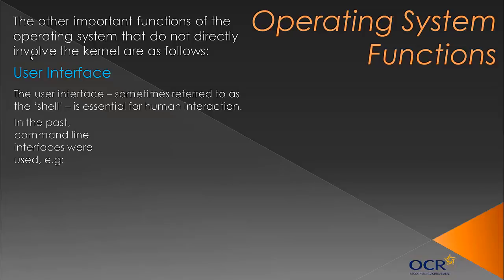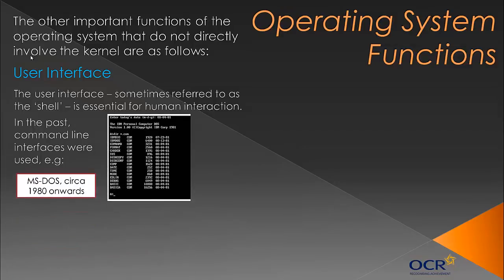And a user interface can be as simple as a command line, which was used in the past. So this is a picture of a command line. Often when you start your computer off, you'll get some command line prompts. You can also use CMD, which is a command line tool, to give certain instructions to your computer. It was used from the 1980s onwards. MS-DOS, Disk Operating System, I think is what it stands for, was purely command prompt.